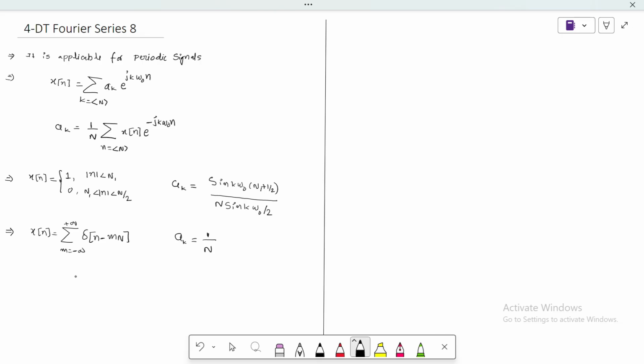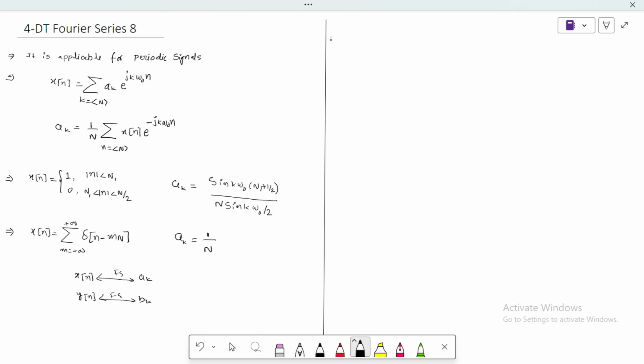Now the properties. Before going to the properties, I'm taking two signals, x of n with Fourier series coefficient ak, and y of n with Fourier series coefficient bk.